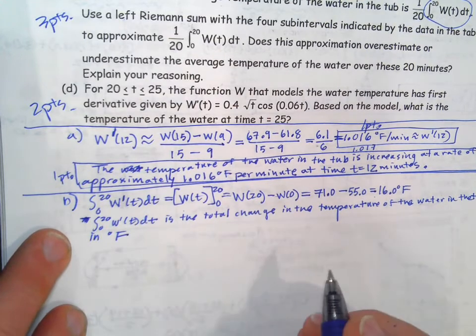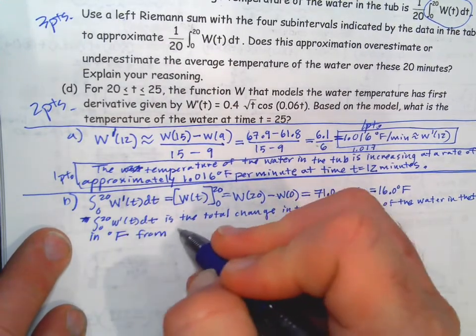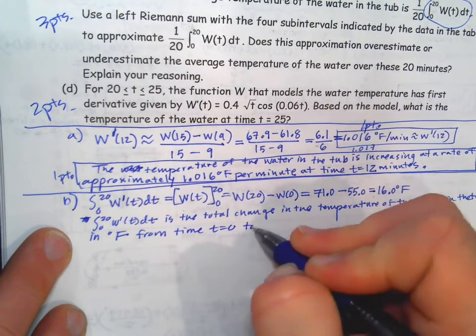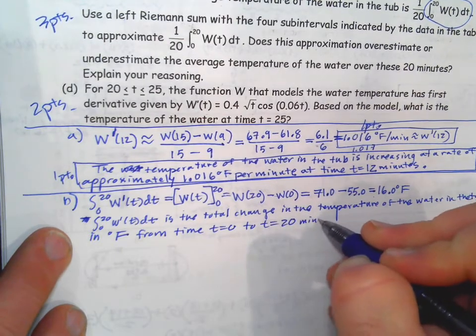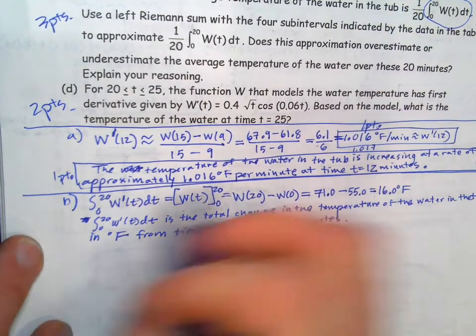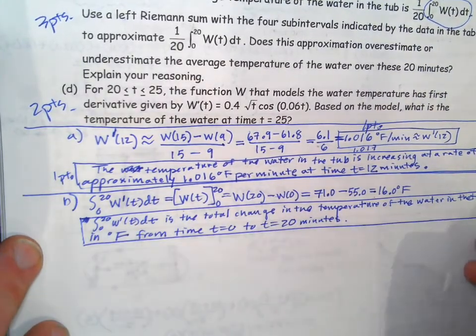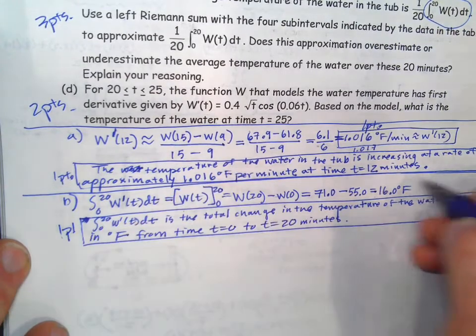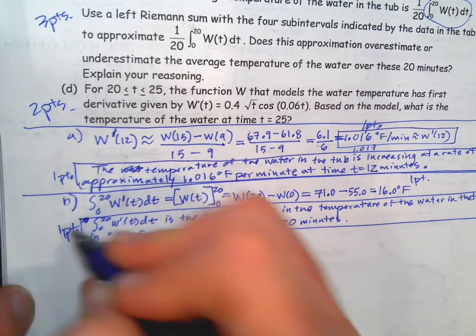Okay, you got to mention that. From, and now you got to put time, from time t equals 0 to t equals 20, you're going to lose the points if you don't put minutes. If you don't mention the times, you don't put the units, you're going to lose the points. So that was 2 points, probably 1 for the interpretation, 1 for your answer. That has to have work supporting it.